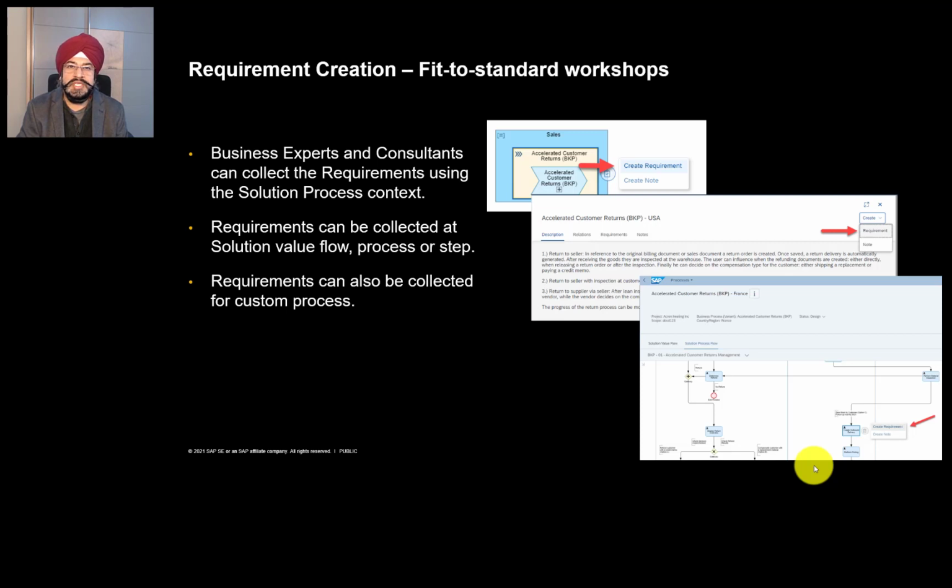That way, the business can have an aggregated view over a period of time of how many requirements were submitted for a business process, and you can do this even for your own custom created business processes. Later, you can see a view called Solution Process Traceability, in which you can see those requirements and you can track and trace from a business angle how those requirements are doing. So it's a very different thing. So definitely it's an alternate way of working.